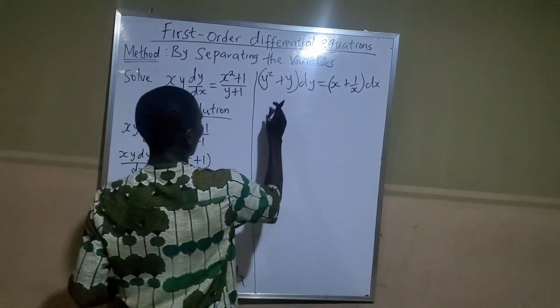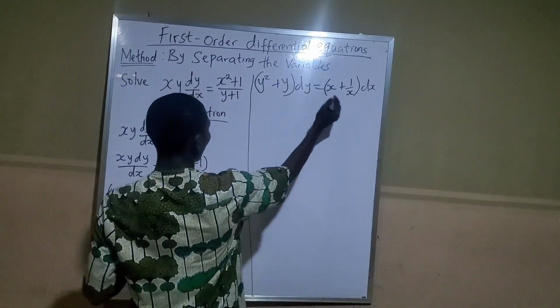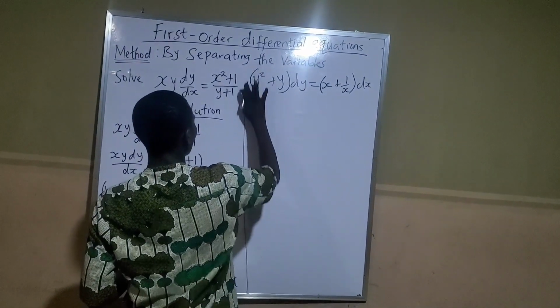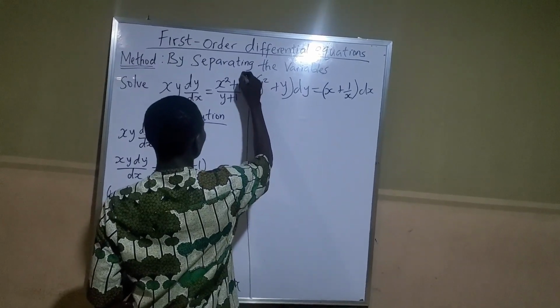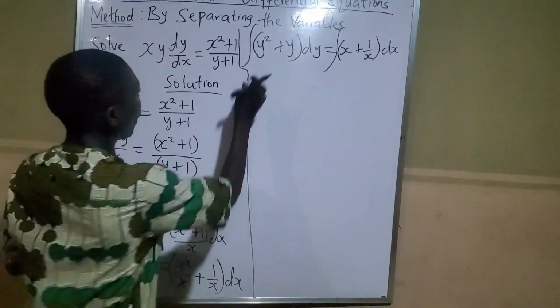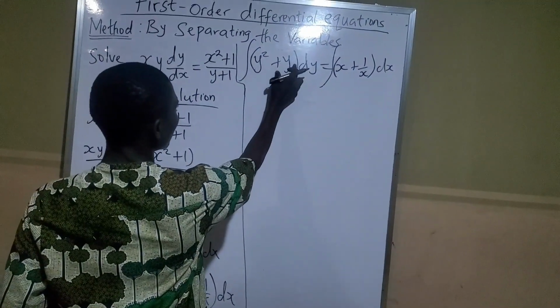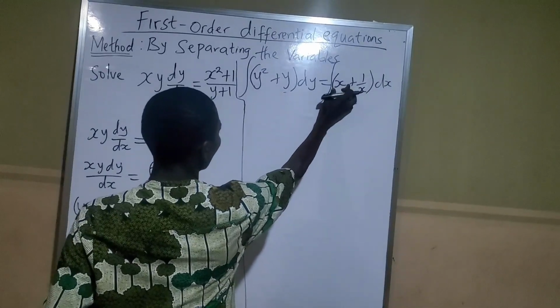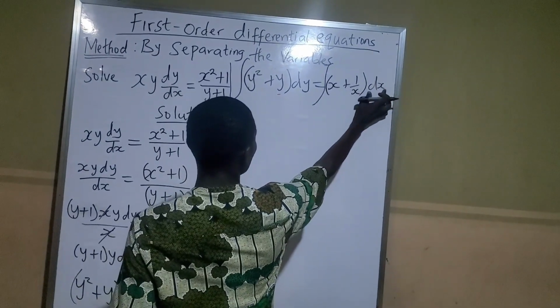Okay, so I can decide to integrate all of them. Yes, let's integrate both sides. If you integrate both sides, I will integrate this, I will integrate this, but everything is with respect to the y here, and likewise I will integrate this, I also integrate this with respect to the x here.